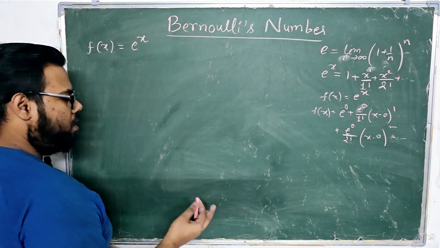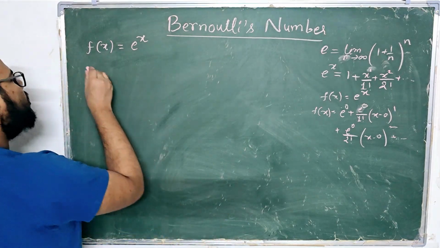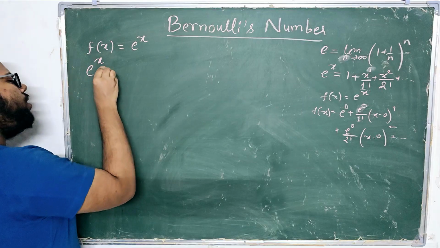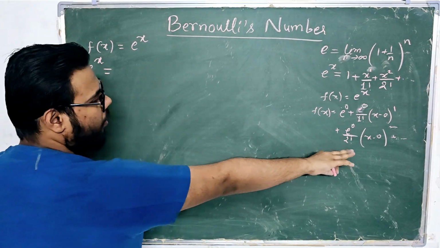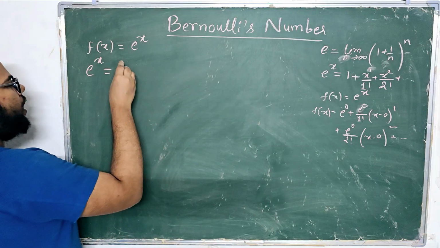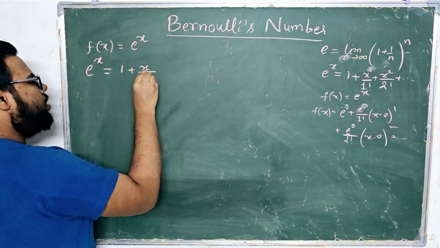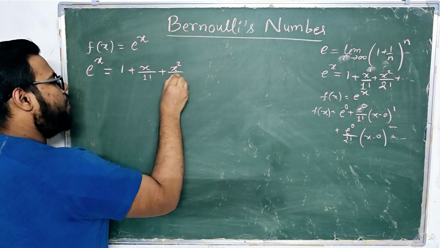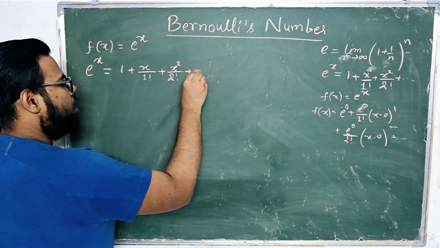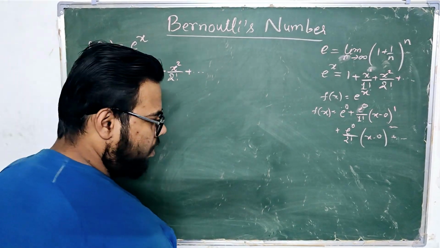So this is the function f(x), okay? And now let's change it a bit. First of all, let me write the Taylor, the Maclaurin definition of e raised to the power x: 1 plus x by 1 factorial plus x squared divided by 2 factorial and so on till infinity.